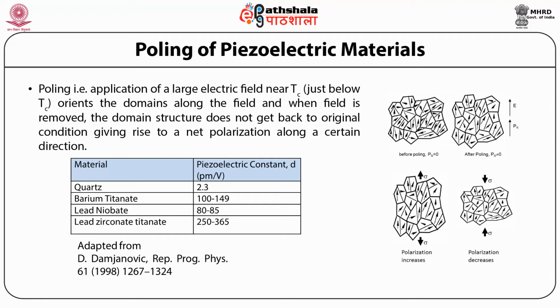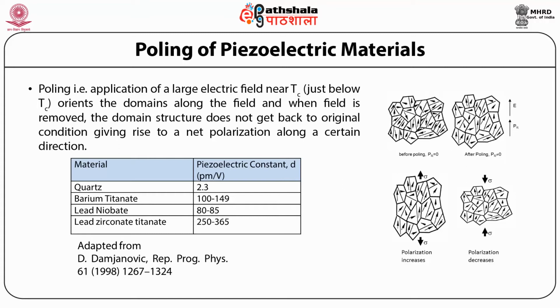That is, the resultant polarization is 0. But on the right hand side, after poling, the resultant polarization is not 0, meaning the applied electric field has aligned the domains in its direction, hence resulting in some value of net polarization.